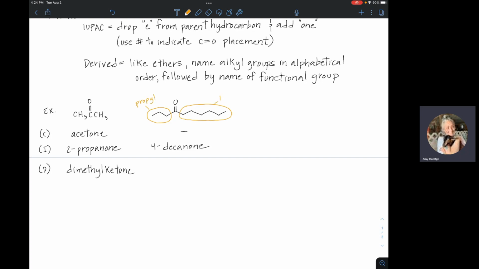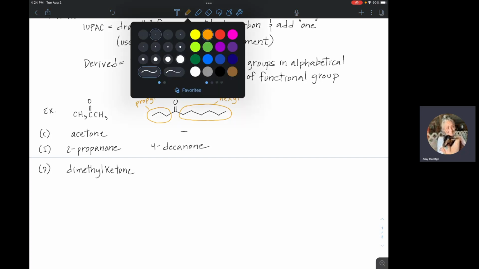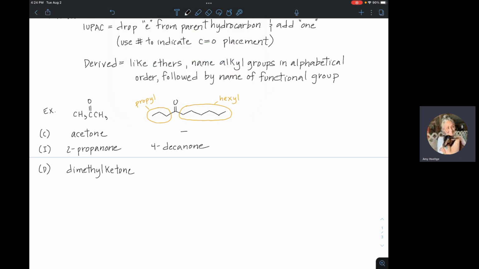And this is a hexyl group. So you would name this just like if you were naming an ether. Hexyl comes before propyl. So we have hexyl propyl ketone.